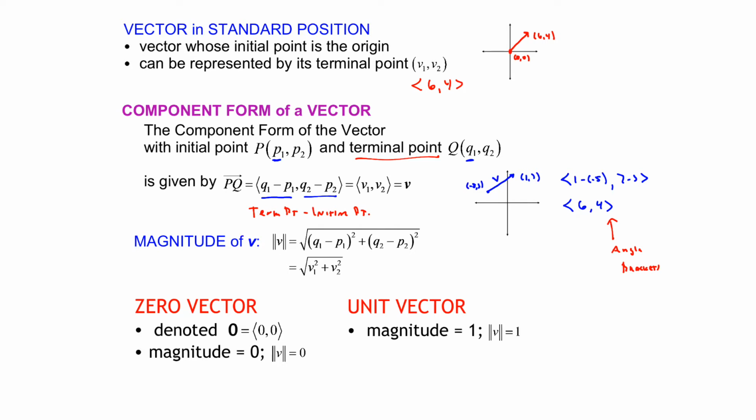A zero vector is denoted by <0, 0>. A zero vector has no magnitude, so you're not going to see anything but just that point at the origin. So you can see that the magnitude is equal to 0. A unit vector is when you have one unit, so the magnitude is equal to 1.